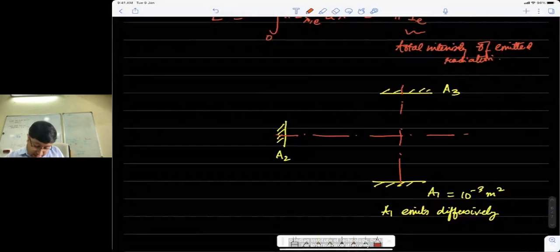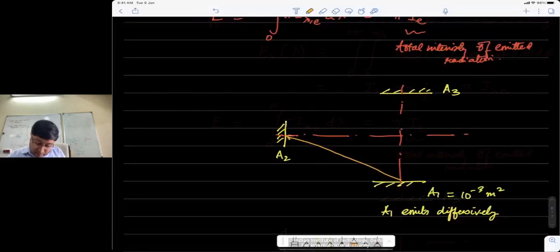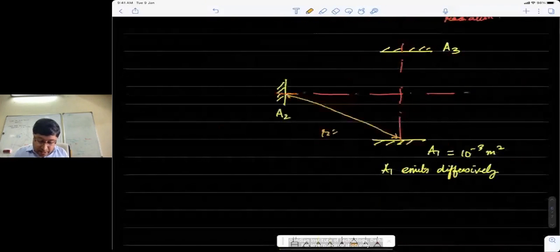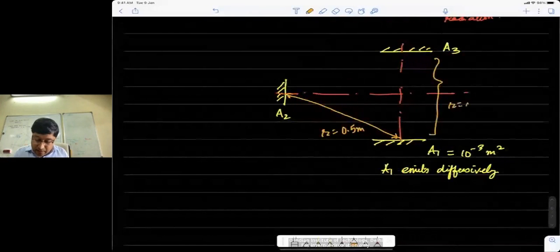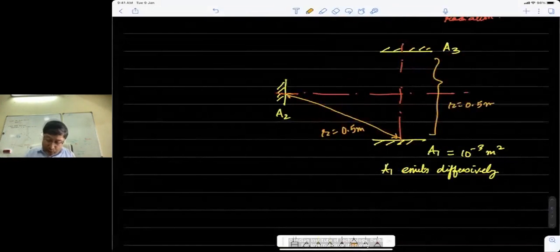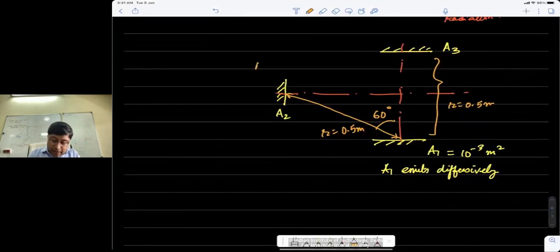This distance r is 0.5 meters, and this distance is also r, 0.5 meters. We know the orientation: this angle is 60 degrees, so area A2 is at an angle of 60 degrees from A1. A3 is right above A1. A2 and A3 also have the same area, 10 to the power minus 3 square meters.